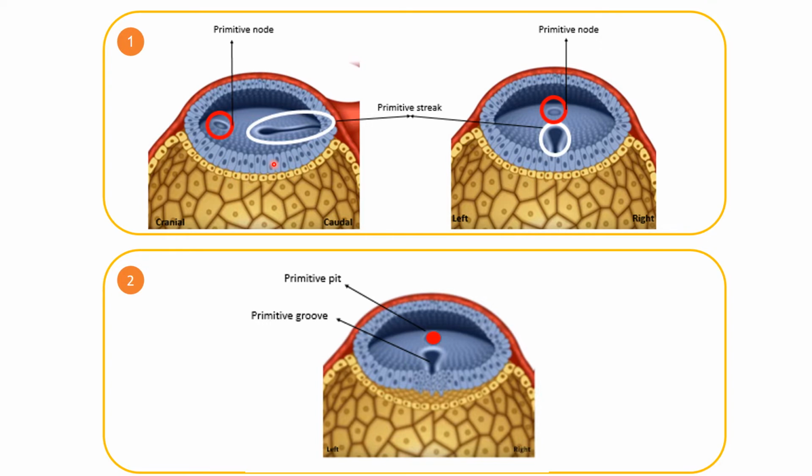At this stage of development, with a little bit of cell signaling, a little thickening occurs on the surface of the epiblast layer, and this leads to the formation of the primitive streak, and towards the cranial end, you have another structure beginning to form, which is the primitive node, and we'll get into why these two structures are important.